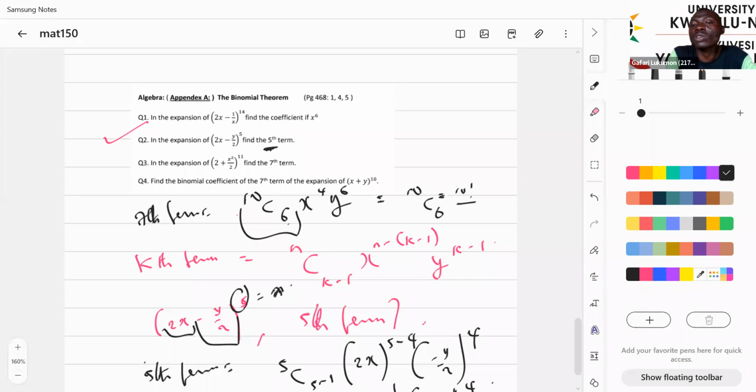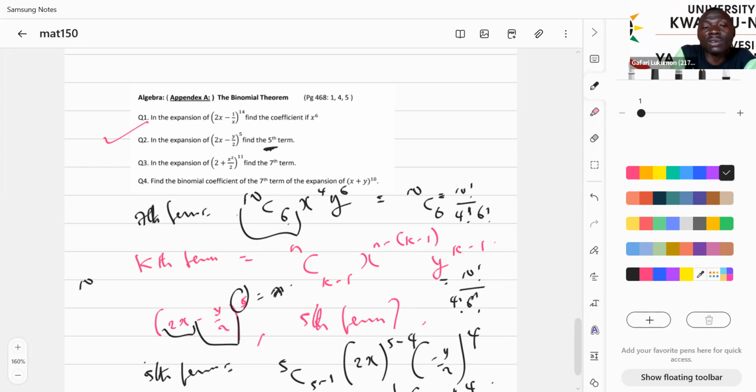That's going to give you 10 factorial divided by 10 minus 6 factorial, 4 factorial, 6 factorial. Anybody with a calculator, so that we don't stress ourselves? 10 factorial divided by 4 factorial, 6 factorial.